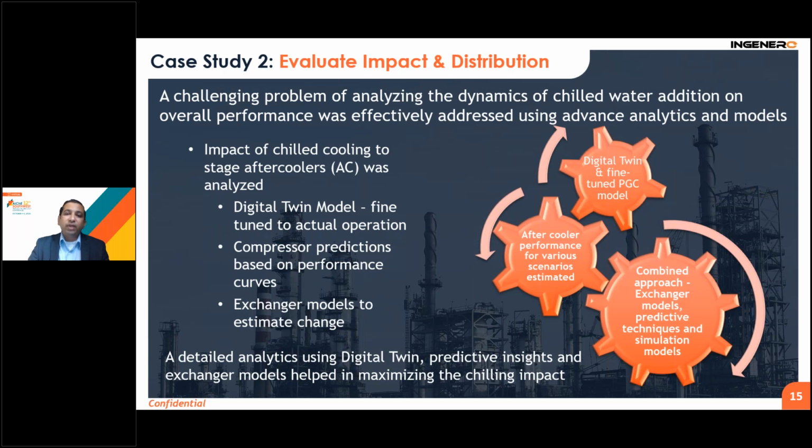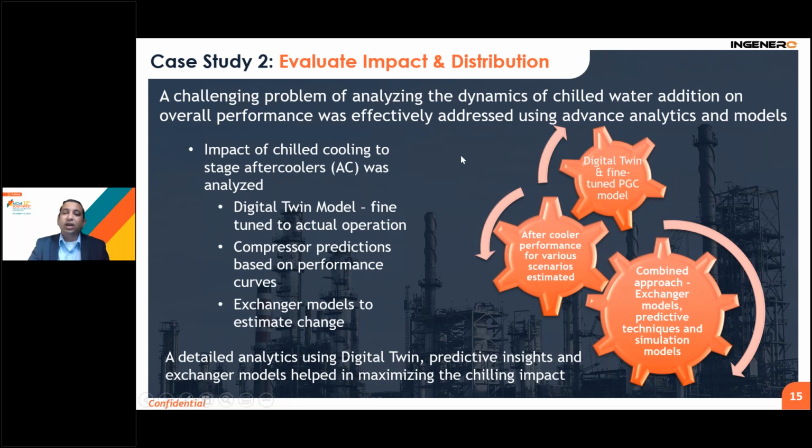Once this volumetric flow rate is reduced, the pressures will go down. Once the pressure goes down, we have to estimate how much scope it provides to increase the capacity. So all this was a very complicated process, and there were several options which could have been utilized.